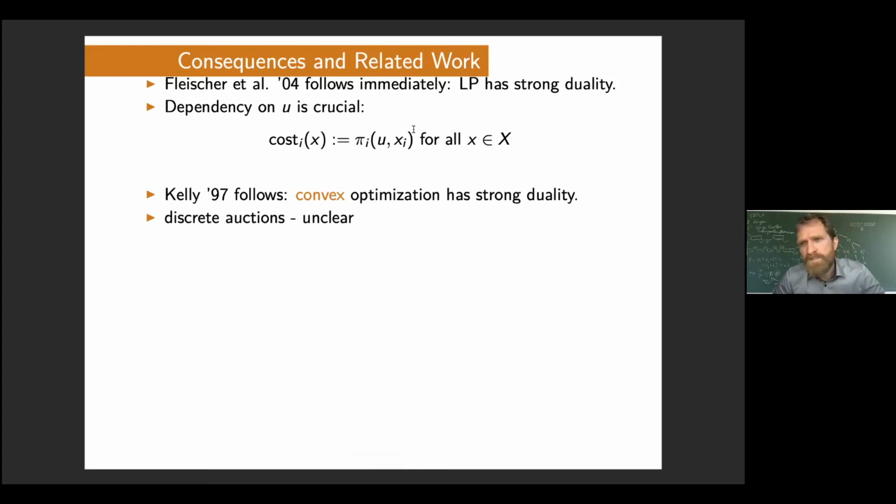For discrete auctions, I think the precise connection is not clear at this moment, because as you know, for discrete optimization problems, it's not clear at all why they should fulfill strong duality. This is in general just not true. I can give you a linear integer program that does not fulfill any notion of strong duality. So I think that point is still unclear. But what is clear, this decoupling of these inequalities is related to Dantzig-Wolfe.